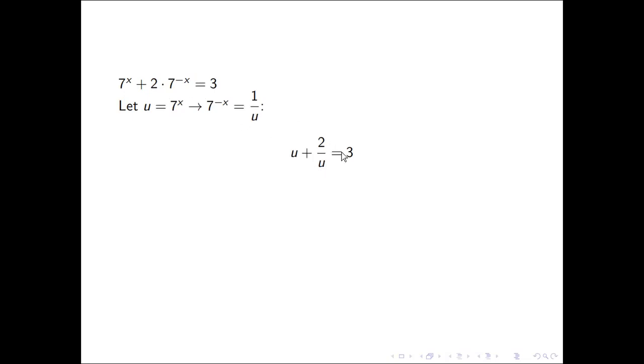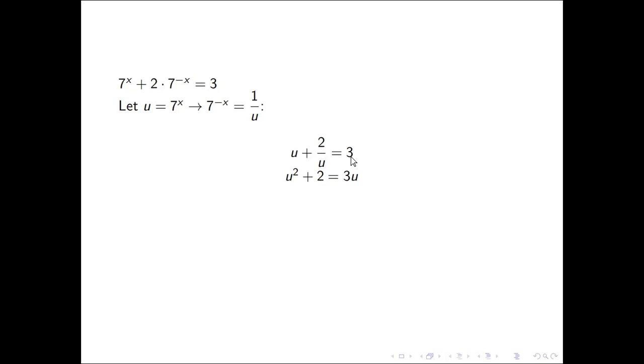And then equals 3. So now that's simply algebraic, and it can be converted to a quadratic one by multiplying both sides by u. So I multiply the left-hand side by u and then the right-hand side by u. Multiplying the first term, we get u squared. Multiplying the second term by u cancels out, you get 2.